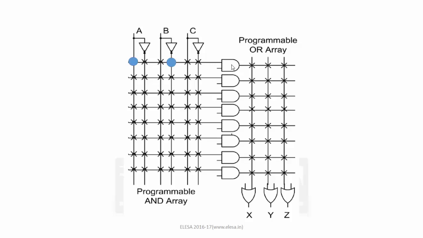The output of this will be available here, so I will make a connection here also, right? Now for A bar into B, I will do the same: this A bar line connected with the input, and the B, right? And the output of this will be available here. Now these two are configured, so these two will go into the input of this OR gate, and the output will be available at this. So this is the output of the XOR gate.